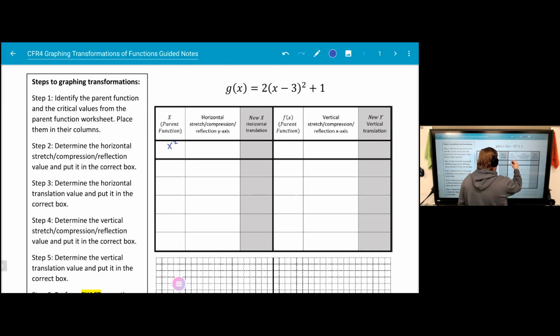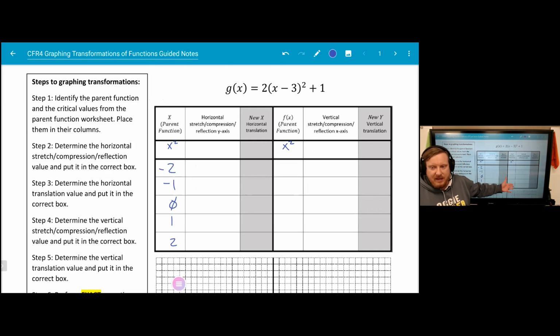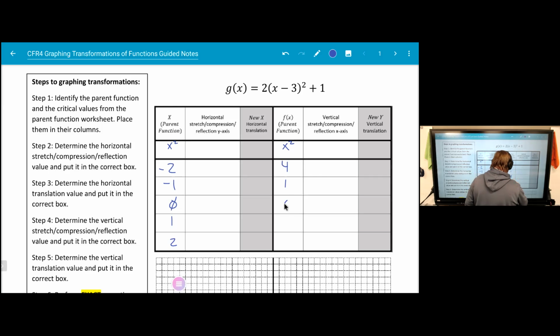I'm going to put a little note to myself that this is x squared. And I'm going to put the critical values of x squared here. So -2, -1, 0, 1, and 2. And in x squared, we're going to square those things, the y values, the f of x values. That gives us 4, 1, 0, 1, 4. Okay. We've figured out our parent function. We've got our critical values.